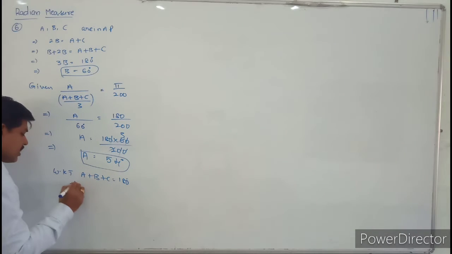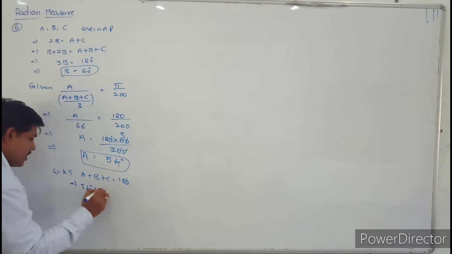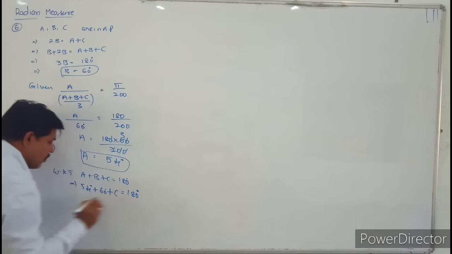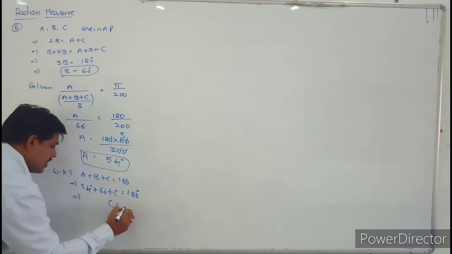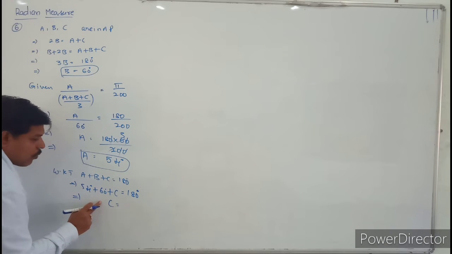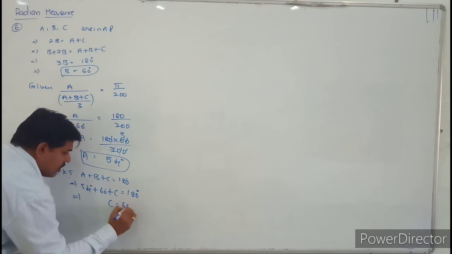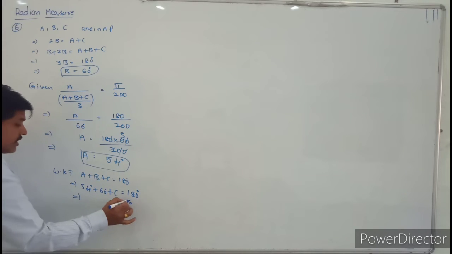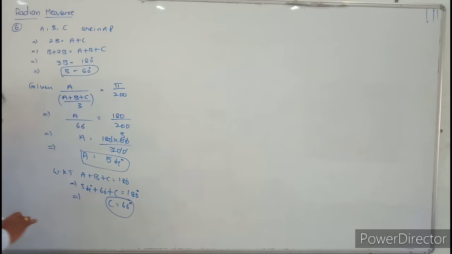A value is 54 degrees plus B value is 60 degrees plus C is equal to 180. That implies C is equal to 180 minus 114 degrees, so that is nothing but 66 degrees. So this is the greatest angle in the triangle.